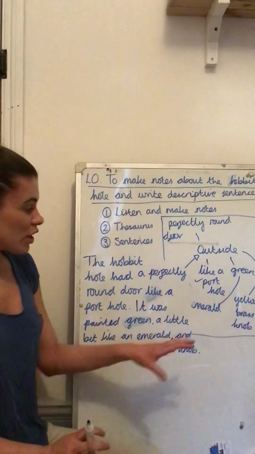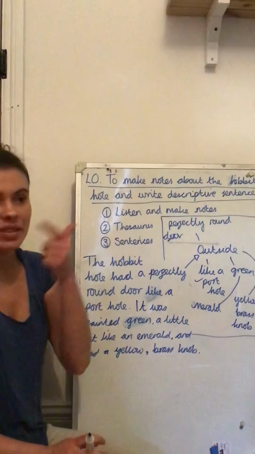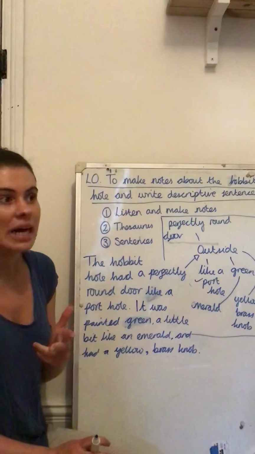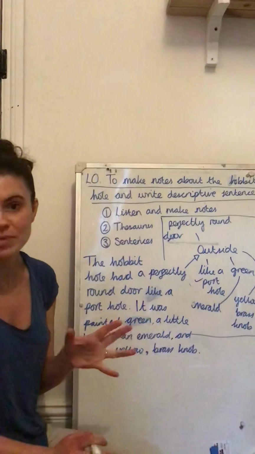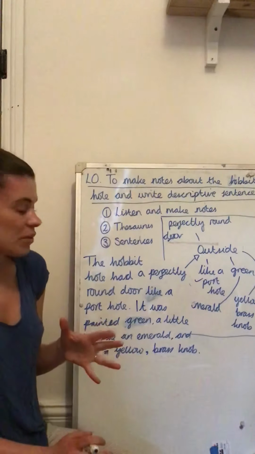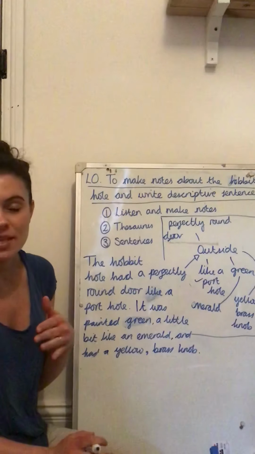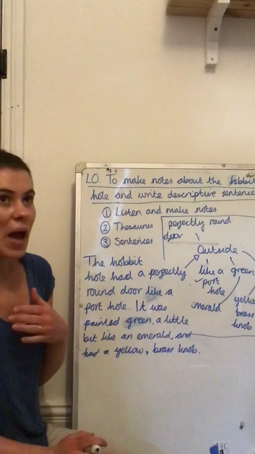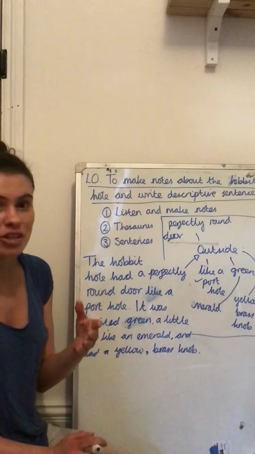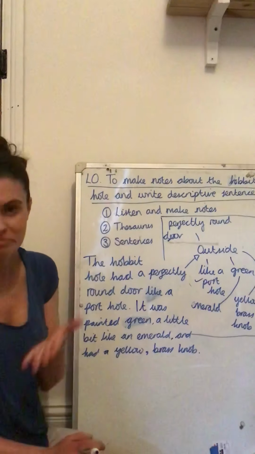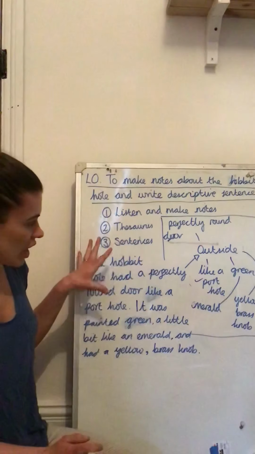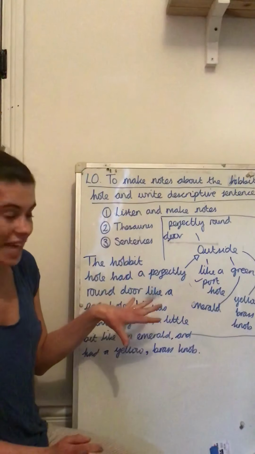Now, you are going to write sentences about the corridor, about the kitchens, about the pantries, about the bedrooms, about all the wardrobes that he has. And you might want to use some subordinate conjunctions like he has many pantries because he loves to eat, for example.